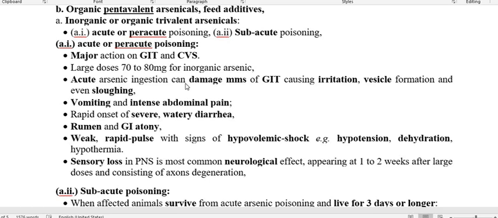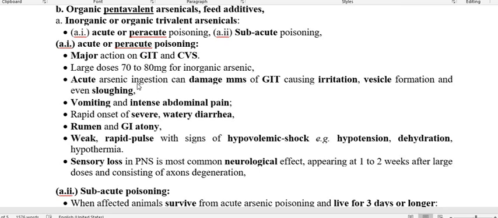Once arsenic reaches the GI tract in acute or peracute poisoning, because of the irritant property it produces gastrointestinal toxicity, and because of capillary dilatation and fragility degeneration it produces cardiovascular toxicity. So the major acute or peracute toxicity with the trivalent inorganic or organic arsenical concerns the gastrointestinal tract and cardiovascular system.